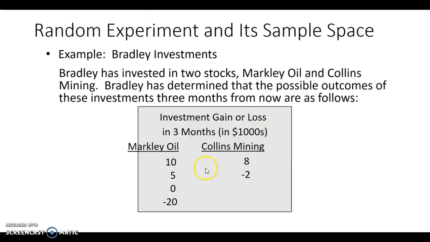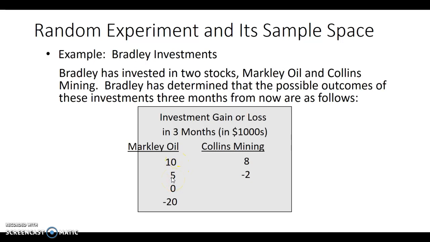To make sense of that, we can look here at Markley Oil and Collins Mining. We'll start with a $10,000 gain. If you invest in both stocks, 3 months from now you could have a $10,000 gain from Markley Oil and an $8,000 gain from Collins Mining. That would be great. Or you could still have that $10,000 gain from Markley Oil and lose $2,000 in Collins Mining. So that's 2 possible outcomes so far.